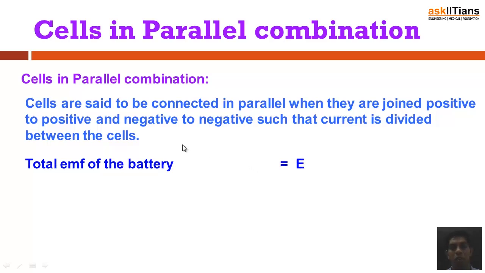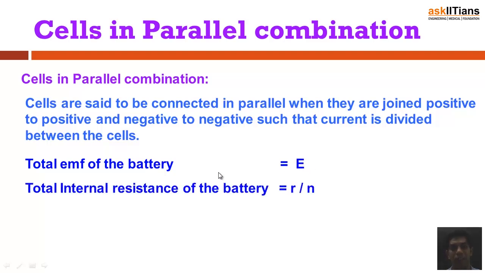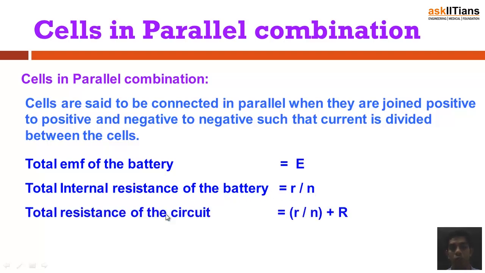Based on the above setup, we can find that the total EMF of the battery still remains the same, that is E. The total internal resistance of the battery obviously falls, because now the internal resistances of the cells are connected in parallel. So the net internal resistance comes out to be r divided by n, n being the number of identical cells. So the total resistance of the circuit comes out to be r divided by n plus the external resistance.